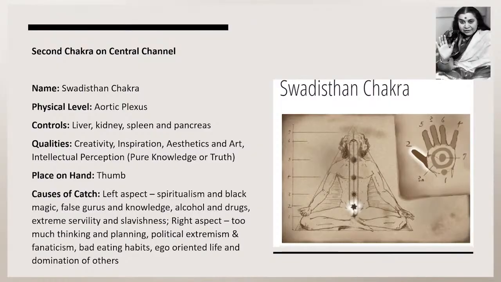All these really destroy your Swadhisthana Chakra. And if you are thinking a lot, planning too much, being on the extreme, having bad eating habits, an ego-oriented life, and trying to dominate others, then the Swadhisthana Chakra is also impacted a lot.